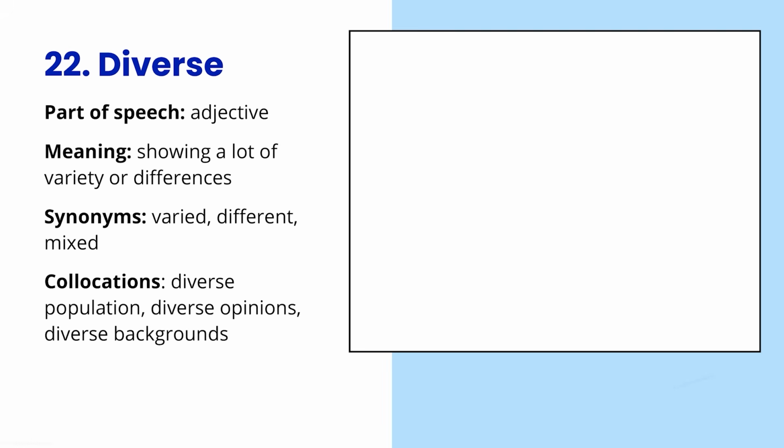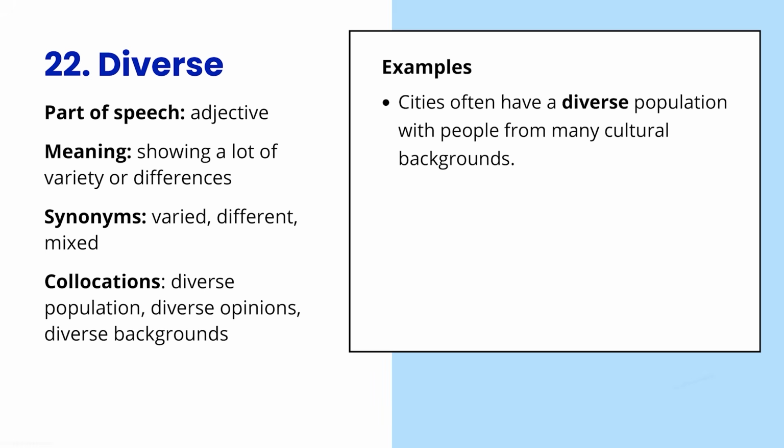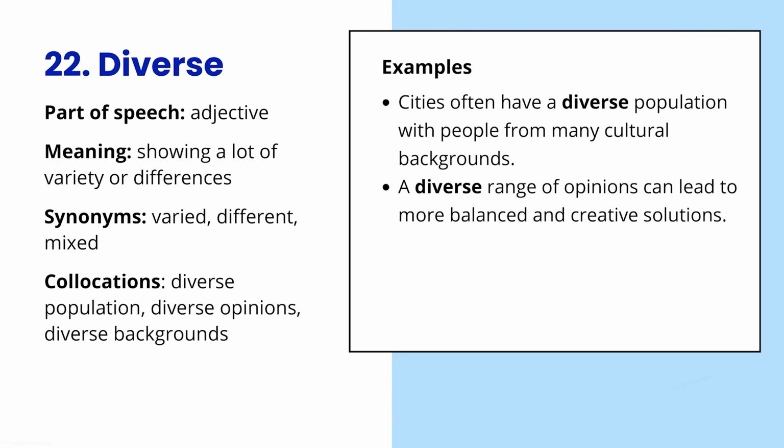Diverse opinions. Same thing, a lot of different opinions. Diverse backgrounds. Cities often have a diverse population with people from many cultural backgrounds. And the second example, a diverse range of opinions can lead to more balanced and creative solutions. So this means different opinions can lead to better outcomes or better solutions.